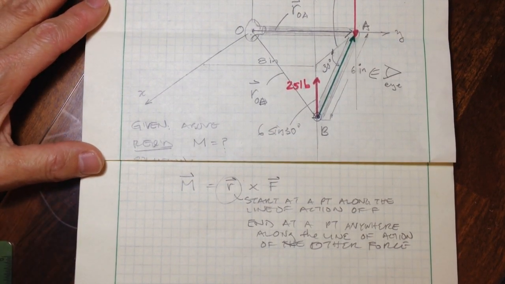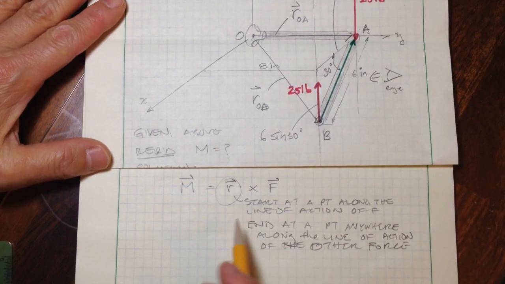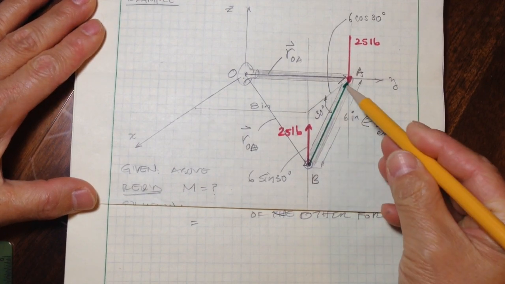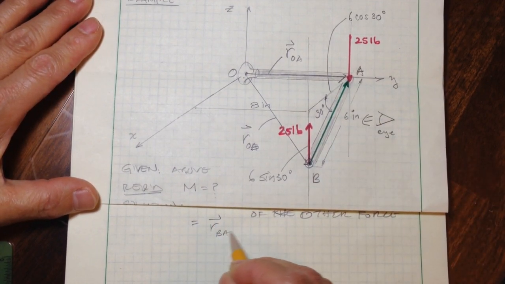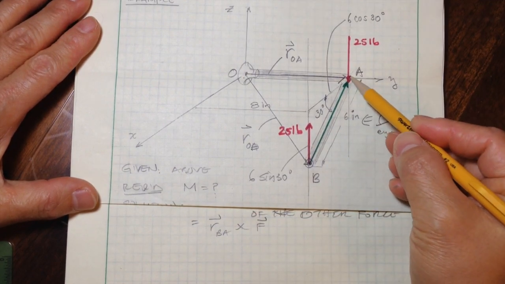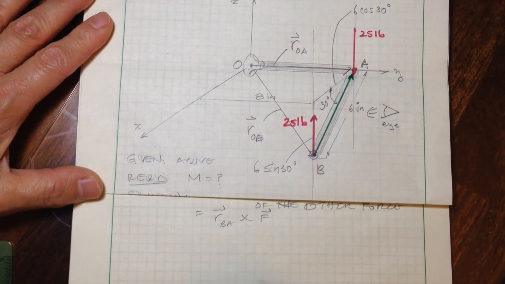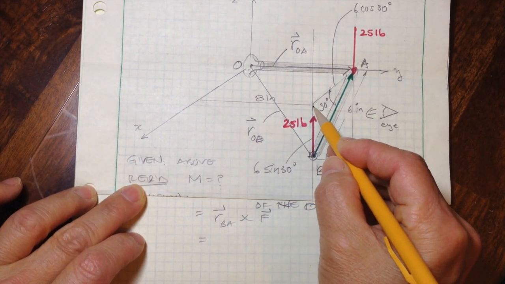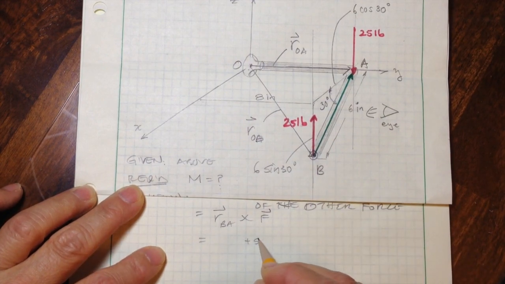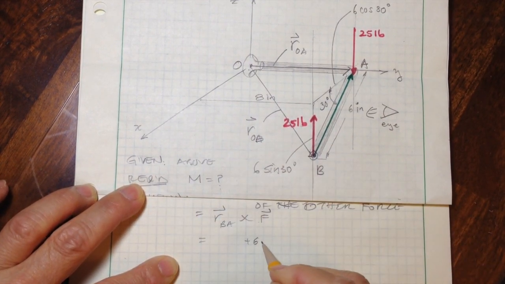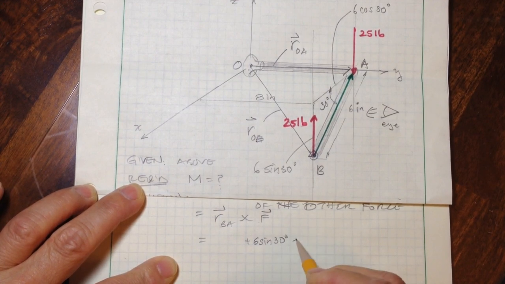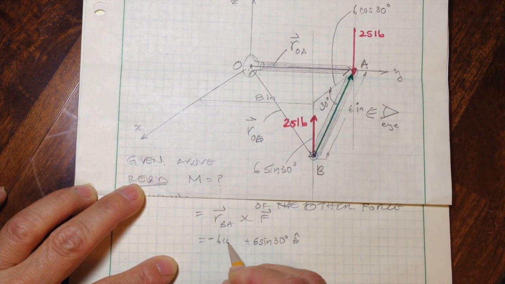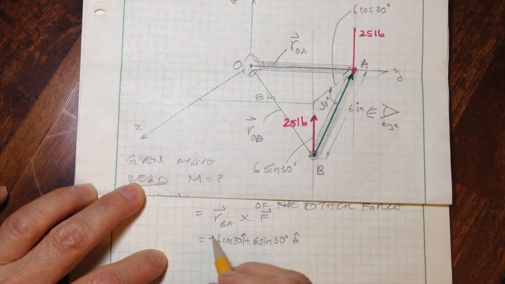So let's go ahead and compute that. So the couple moment then would be position vector R from B to A, cross that with my force vector F that's going downwards. So that would be positive 6 sine 30 in the k direction, and negative 6 cos 30 in the i direction.